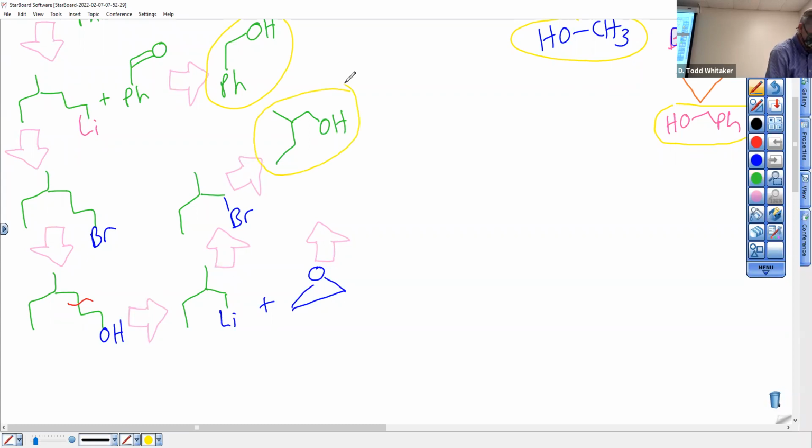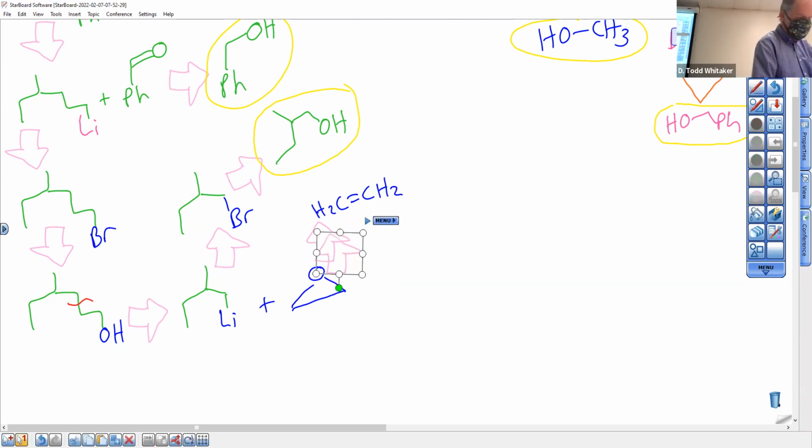Alcohol, 5 carbons. Epoxides, we know how to make epoxides only from alkenes. You don't know how to make epoxides from anything else. You don't. So you got to know how to make them. And where do alkenes come from? They're not on my list. Alcohols are on my list.